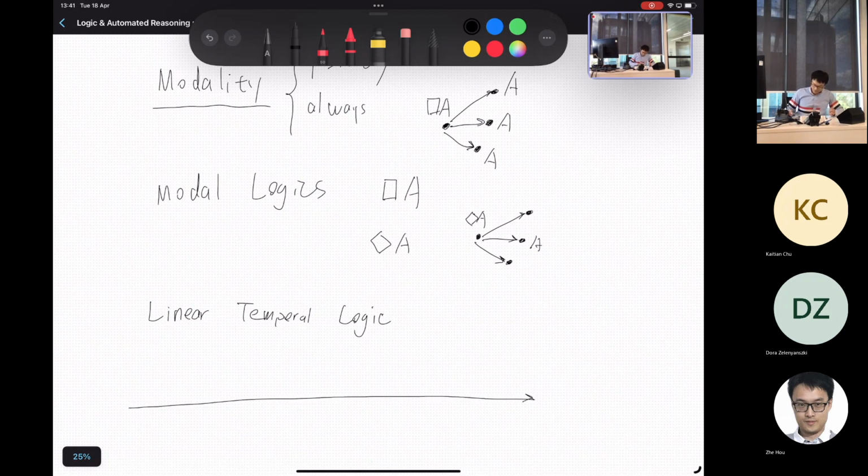It goes in a straight line, but it's discrete. You go from this point to the next point, to the next point, to the next point, just different time points in a straight line. And you still have things like box A. What box A means is that if box A is true here, then A is true everywhere that follows. It's called always true. A is always true.